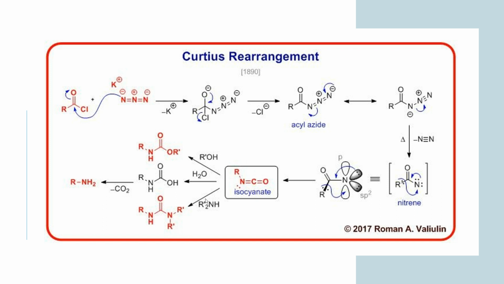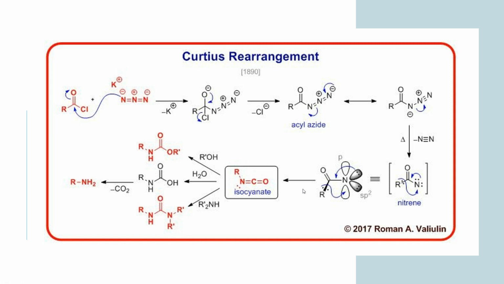Okay, and this particular slide is also showing how this C-R sigma bond is being broken, and that C-R sigma is donating its electron pair to the p orbital of nitrogen. Okay, and thereby forming a new sigma bond, and you get isocyanate as the main intermediate for this reaction.